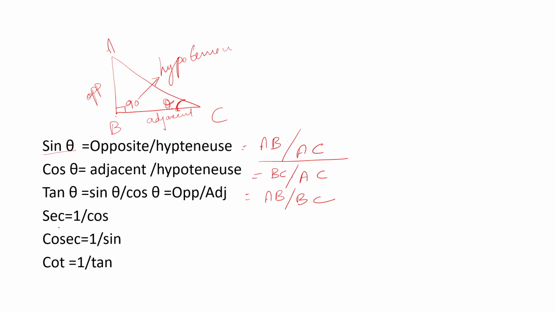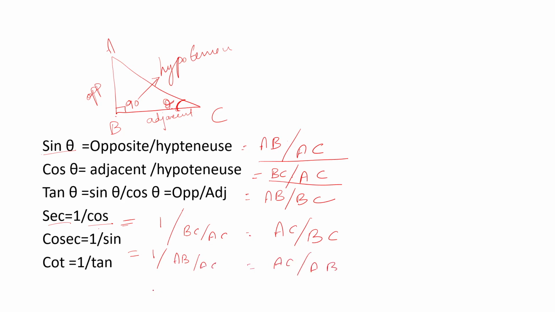Likewise, sec theta is 1 by cos theta. These things we studied in the first term, just for refreshing I am giving it again. Sec theta is 1 by cos theta, that means 1 by BC by AC, which becomes AC by BC. Cosec is 1 by sine, so 1 by AB by AC, that means AC by AB.